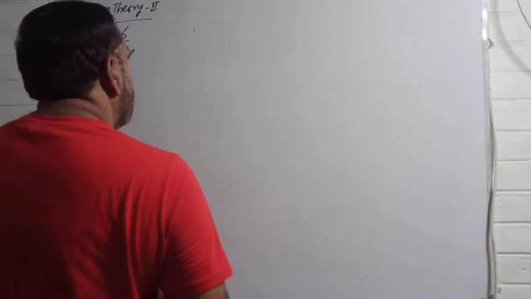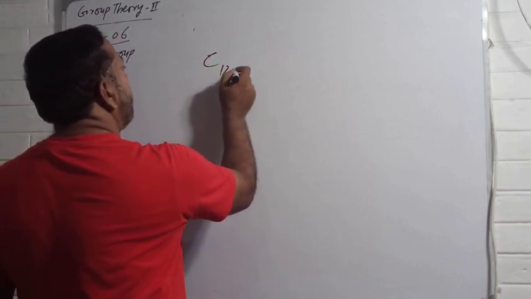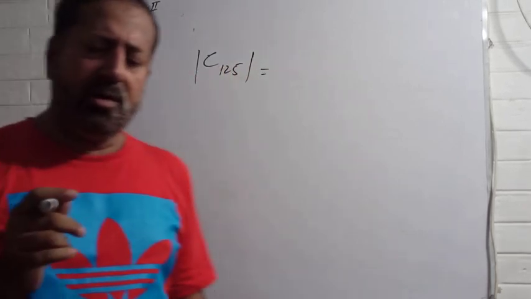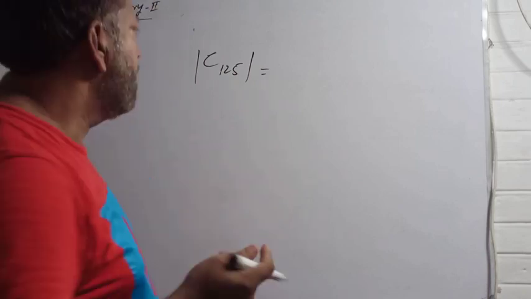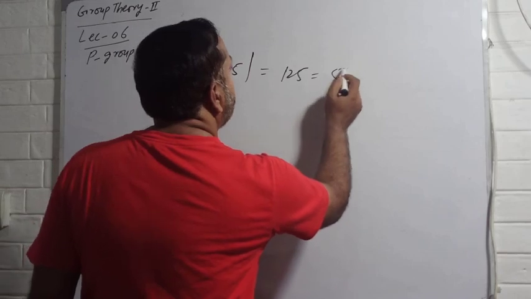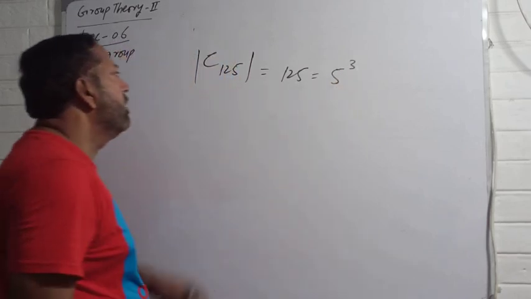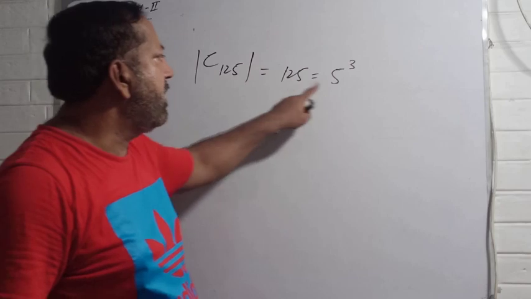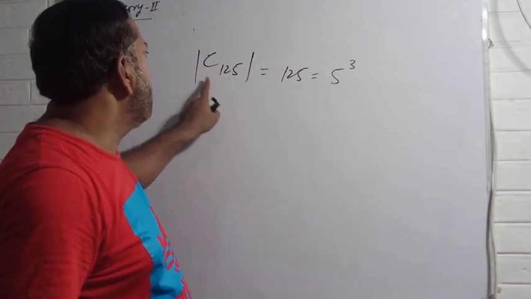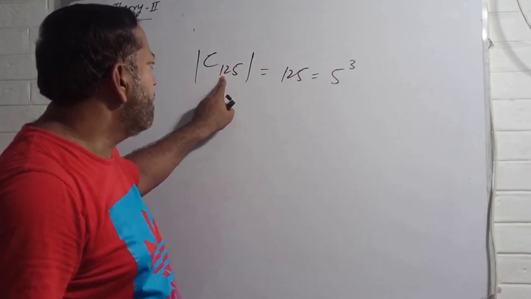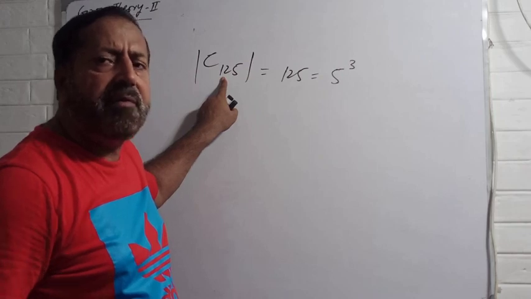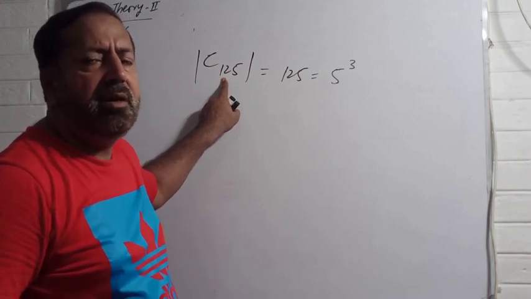We have C125, the cyclic group of order 125. Its order is 125, and this is 5 cubed, so it's a p-group. The orders of elements of this group are in fact 1, 5, 5 squared, or 125.